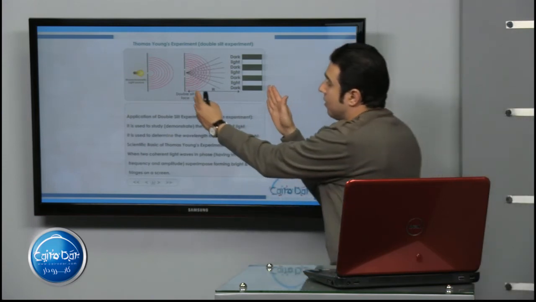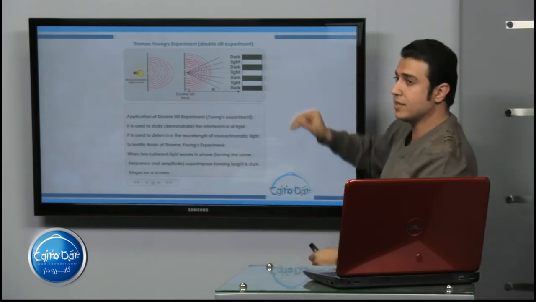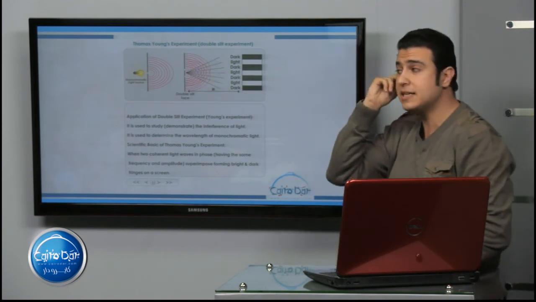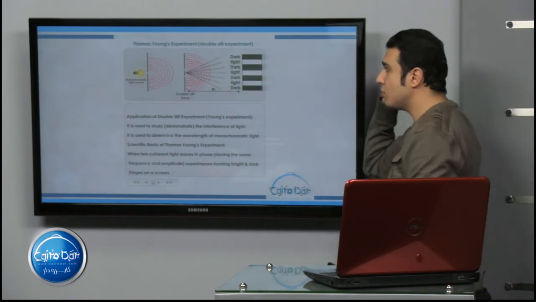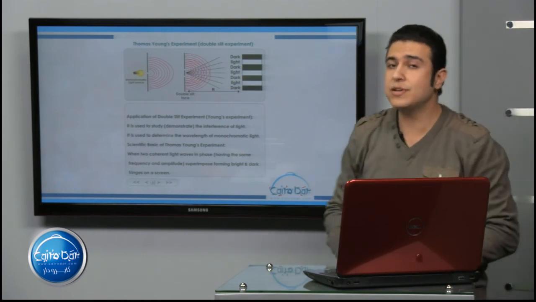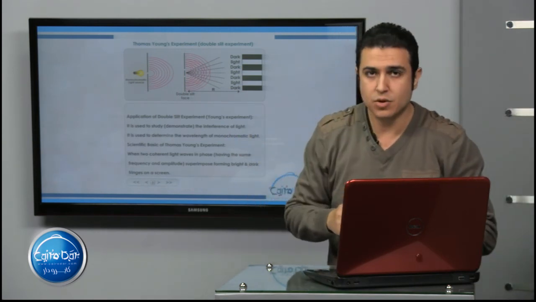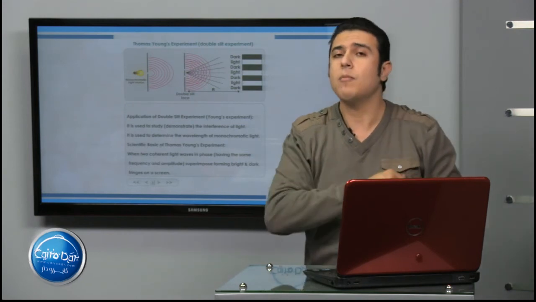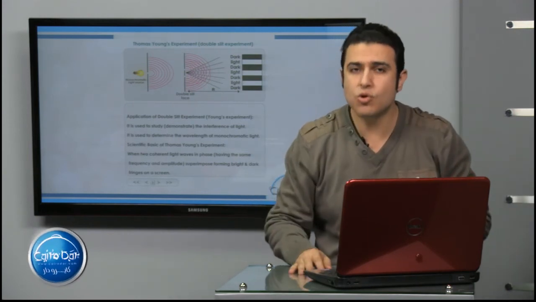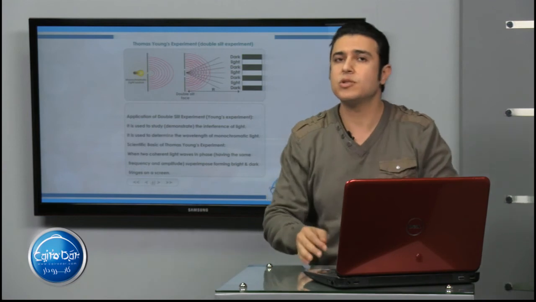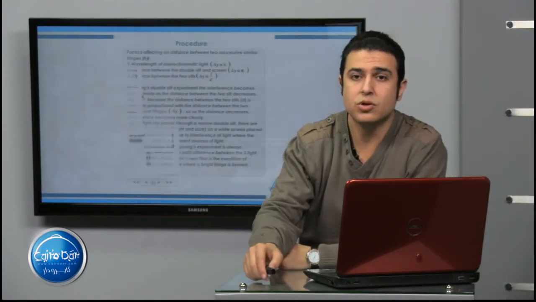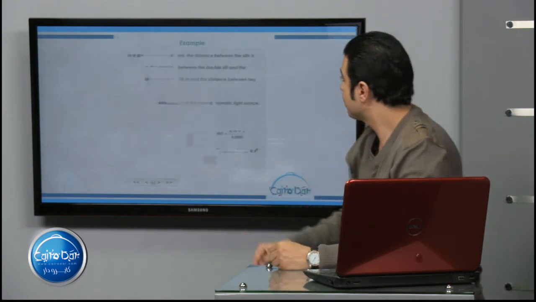As R increases, delta y increases. As d decreases, the distance between two slits decreases, so the distance between two successive fringes also increases. Also, if you use red light, which has a long wavelength, the distance between the two successive fringes also increases. That's for the Thomas-Young experiment.